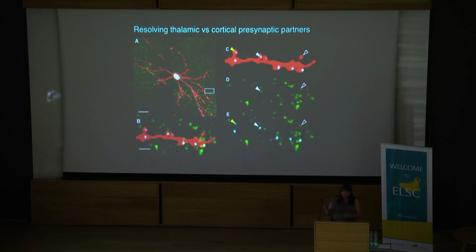So those would be cortical contacts. I won't tell you the answer yet because I don't know it, but hopefully we'll be able to answer those types of questions too.